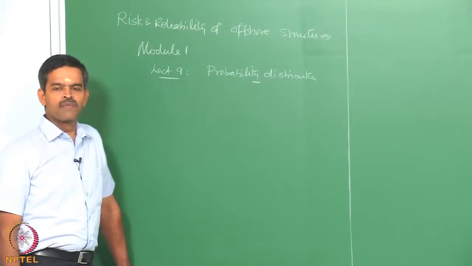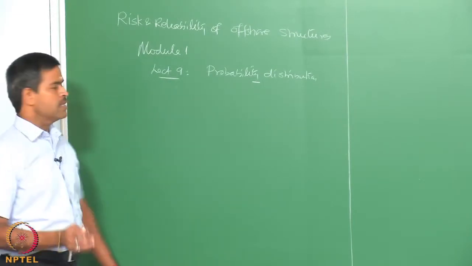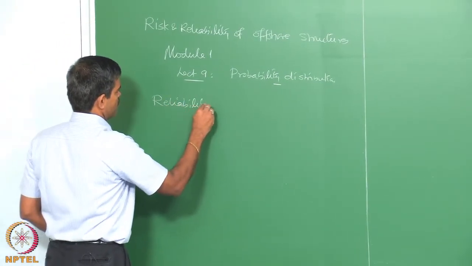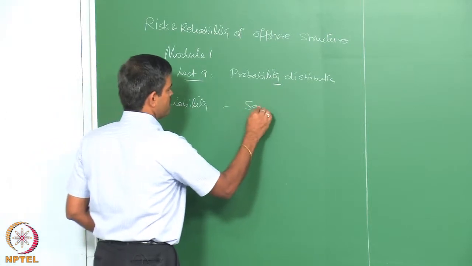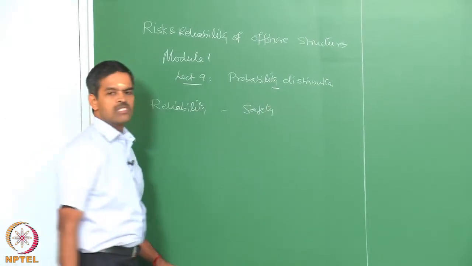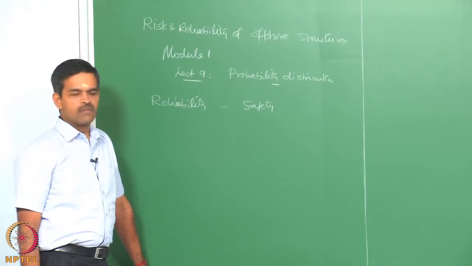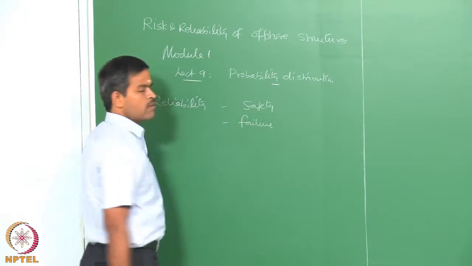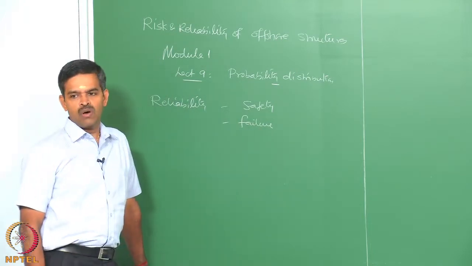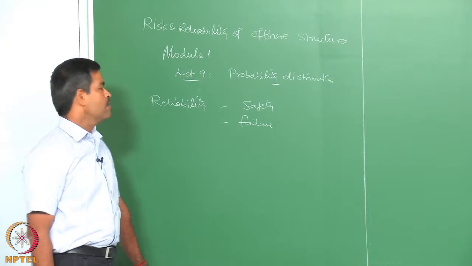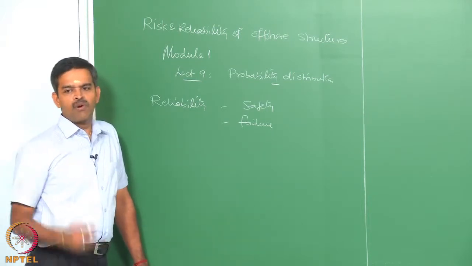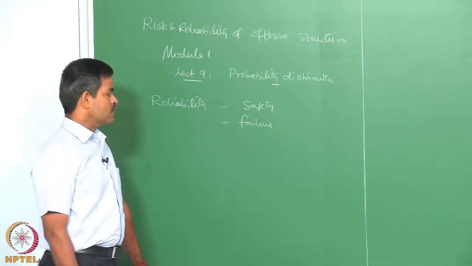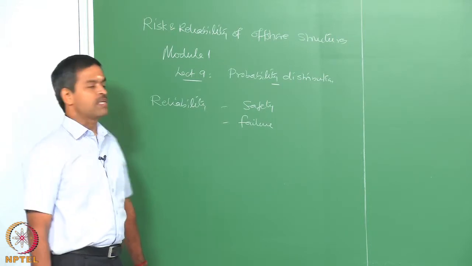In the last lectures, we have established a connectivity between reliability and safety. We have also established a connectivity between reliability and probability of failure, where failure is a negative note on a given performance of a system, whereas reliability looks at the positive side of efficiency of performance of a given system under the specified load and period of time.